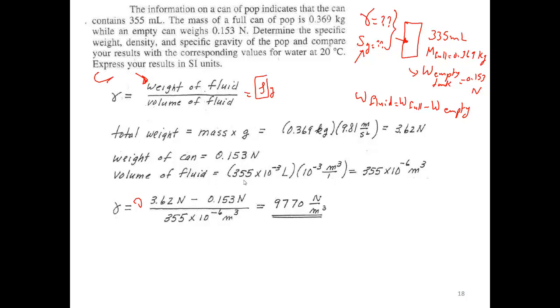The volume was given in milliliters, so we convert to liters by dividing by 1000, and then from liters to meter cubed we divide by another 1000, so that would be 10⁻⁶, and you get 9770 for the specific weight.